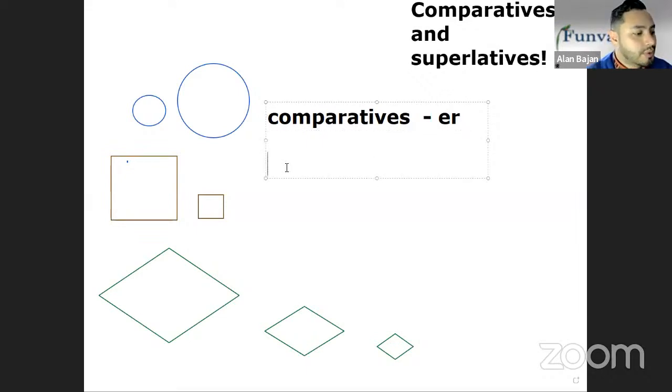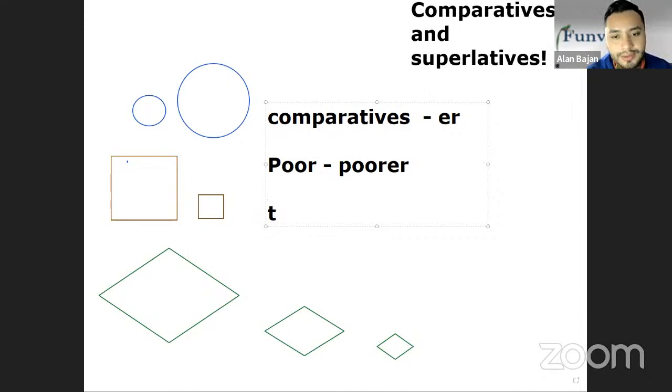For example, poor, poorer. I use also a connector between the two options. This connector is than.